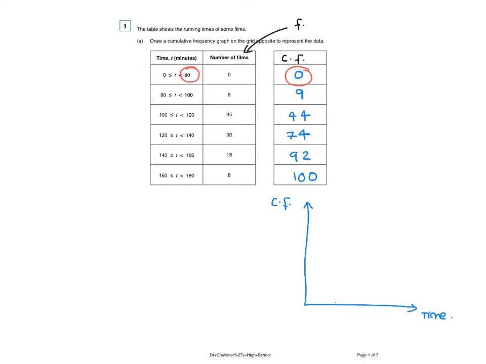So 80 minutes will be plotted here against a cumulative frequency of 0. The next cumulative frequency is 9, which is plotted against 100 minutes. So we find 100 minutes on the x-axis and then plot that versus a cumulative frequency of 9 on the y-axis. You will see this on the next page.